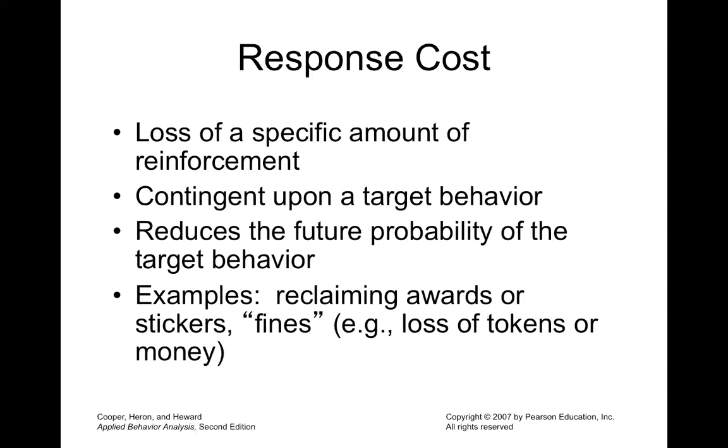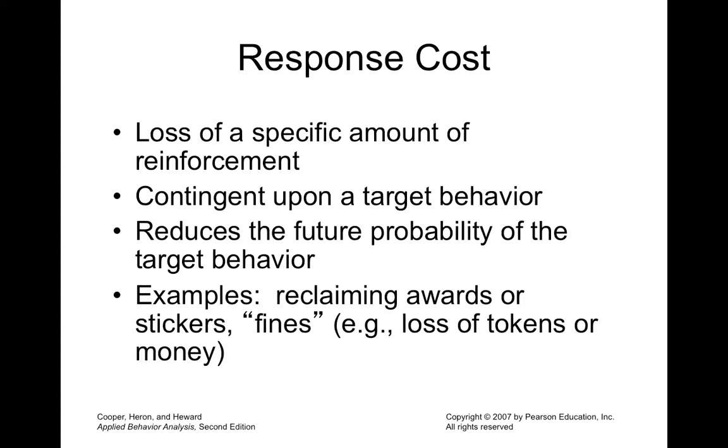The second example of negative punishment is response cost. Response cost is a form of punishment in which the loss of a specific amount of reinforcement occurs contingent on inappropriate behavior and results in the decreased probability of the future occurrence of the behavior.